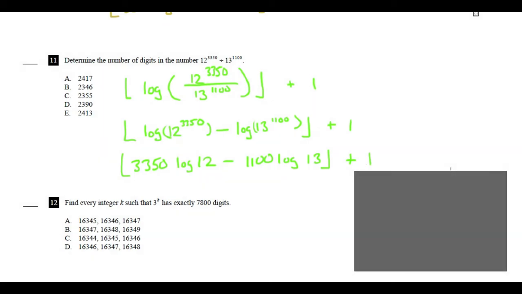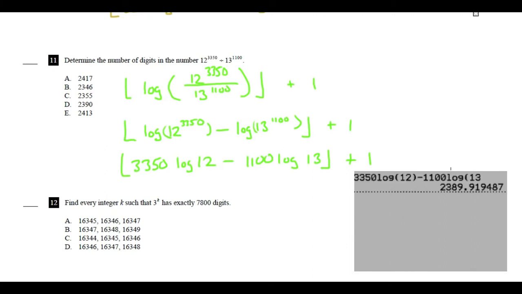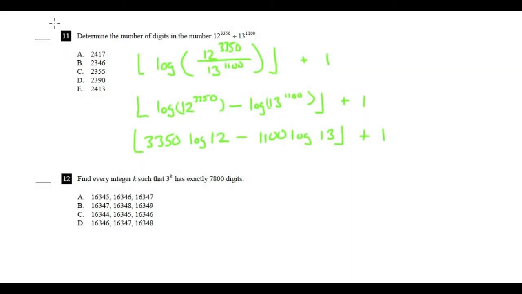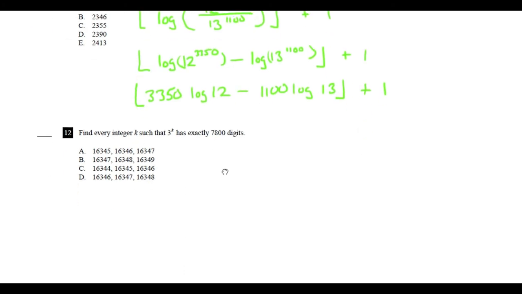Okay, so this time we have 3350 times the common log of 12, subtract 1,100 times the common log of 13, and we'll ignore the decimal and say 2389 plus 1 for a final answer of 2,390.